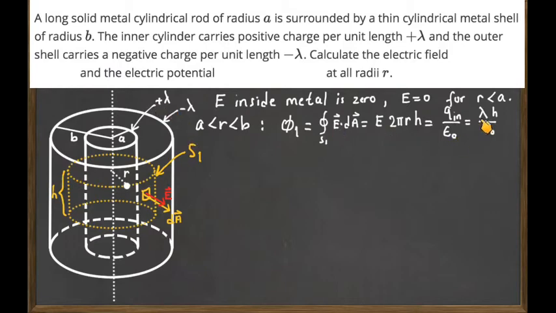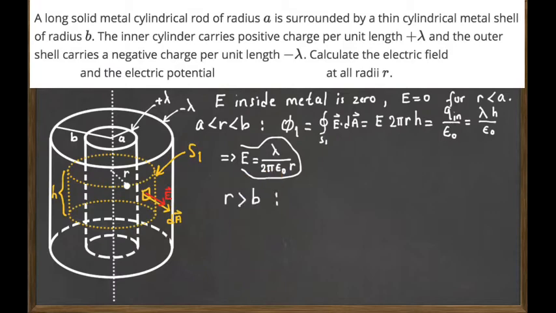So this is the total charge inside, and from this we can easily solve for E, and E will be lambda divided by 2 epsilon 0 times R. So that means in the region between these two cylinders, the electric field will decay as 1 over R as you go away from the central axis. So this is the expression in between.